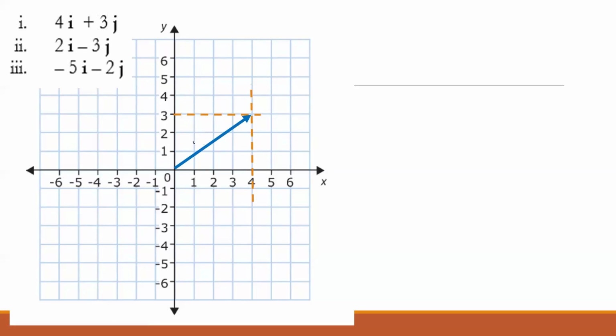And you can find the angle. Tan theta is opposite over adjacent: opposite is 3 and adjacent is 4. So you can find theta by taking the tan inverse of this.